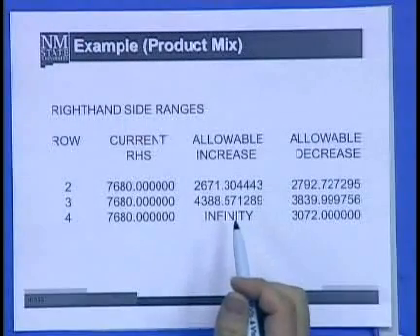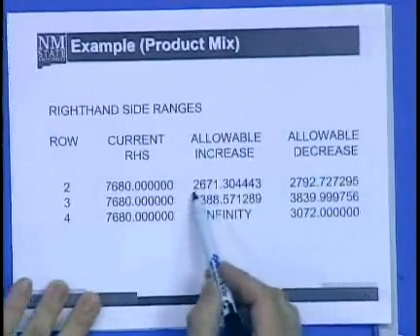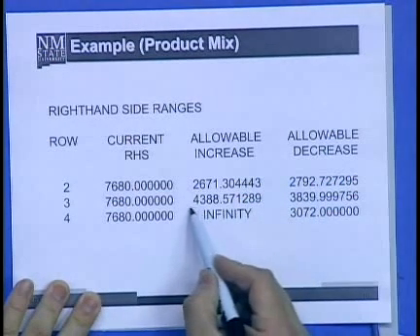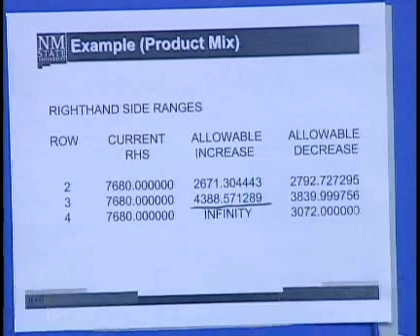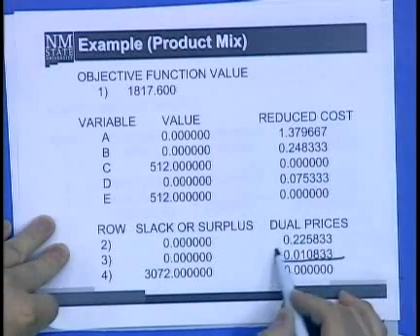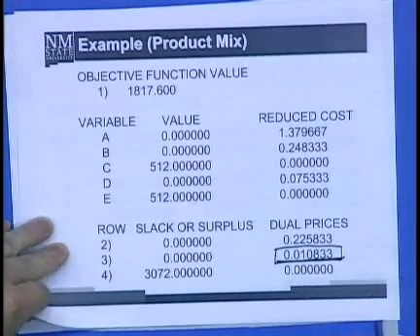So here, 1 minute of increment is still within the allowable increase limit, which is this, right? 4,388. So with 1 minute of overtime, the current dual price for row number 3, which is this, remains valid.